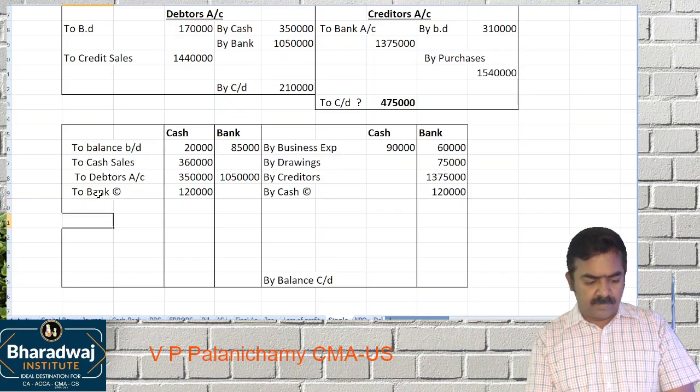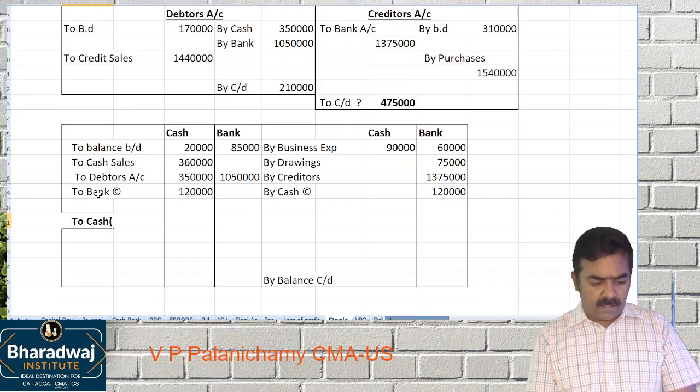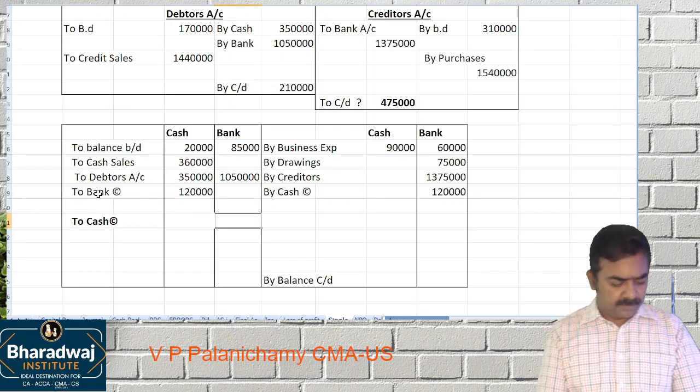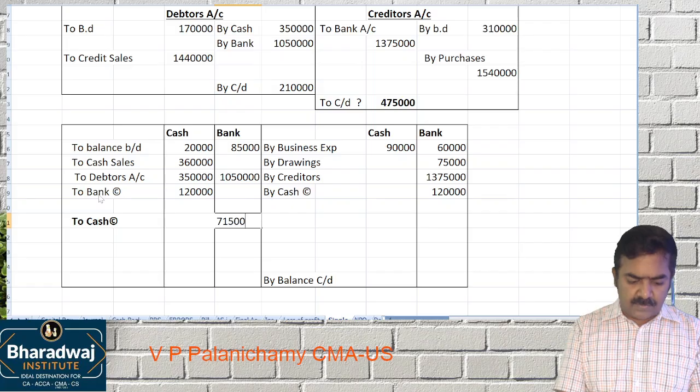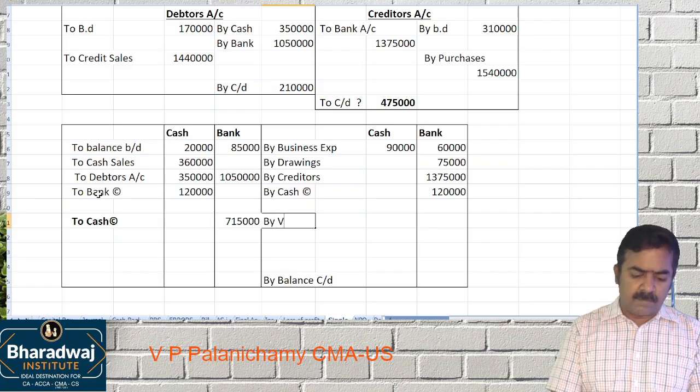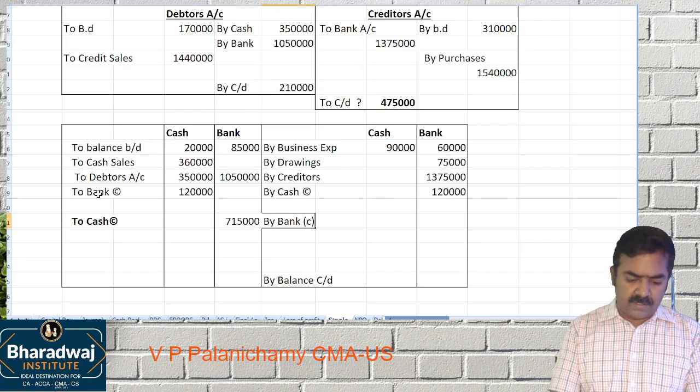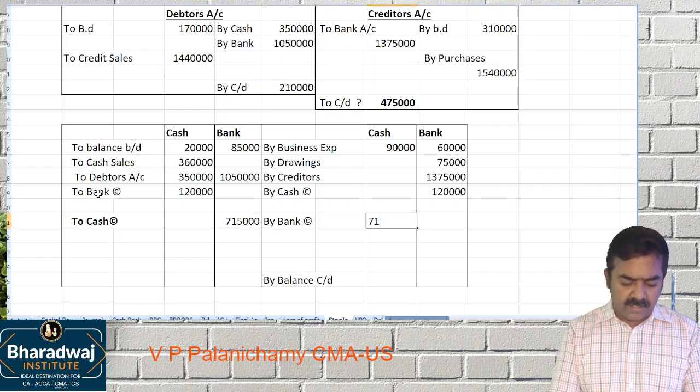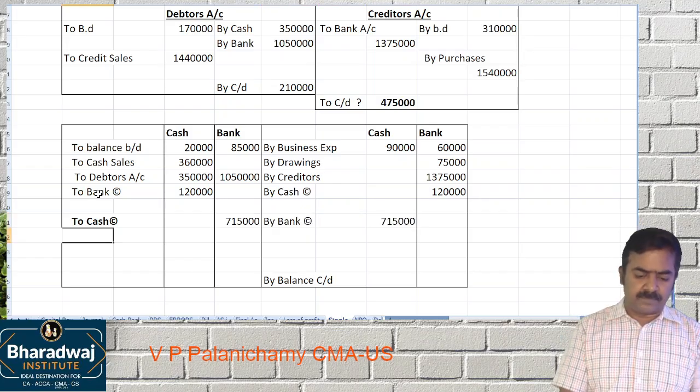Then cash deposited to bank. How much is deposited in bank? 7,15,000 deposited in bank. In the cash column, contra 7,15,000 will come.